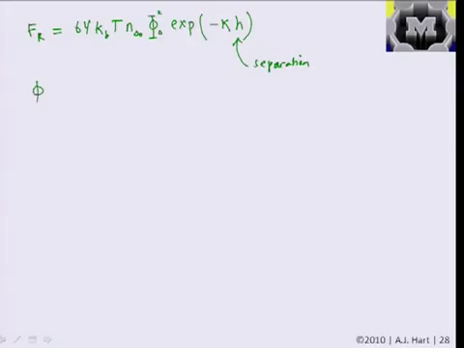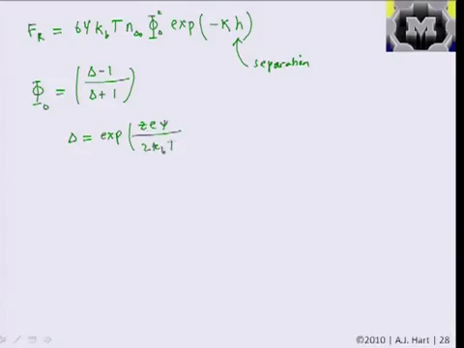And our now unknown quantity is phi naught, which I'm going to call another quantity delta minus 1 divided by delta plus 1. And then delta is equal to the exponent of something divided by 2 kBT.